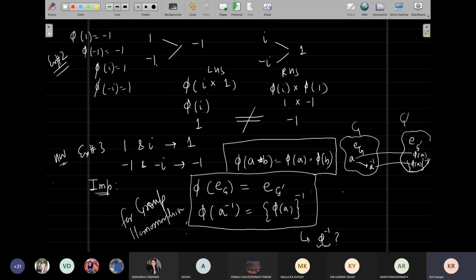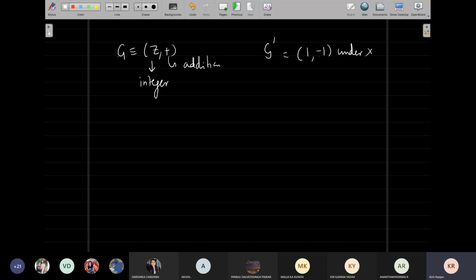So identity element will always be mapped to identity element. And two groups do not need to be the same in any respect. That is the bigger thing here. And I wanted to just end with this question. Those of you who are interested, there is this group Z plus, which is integer addition. Remember, this was a group which we had, and G prime, which is the group of 1 and minus 1 under multiplication, the one which we just had.